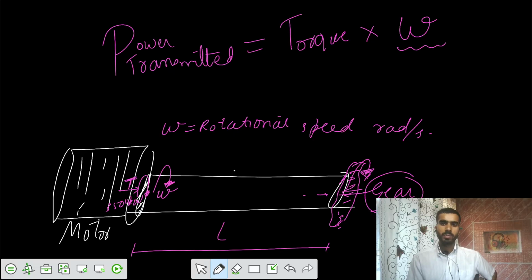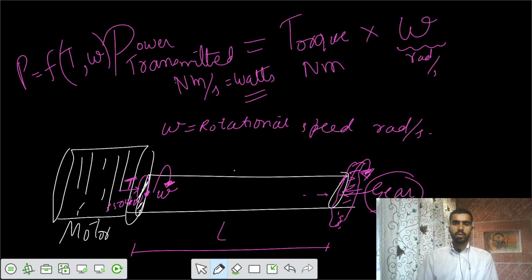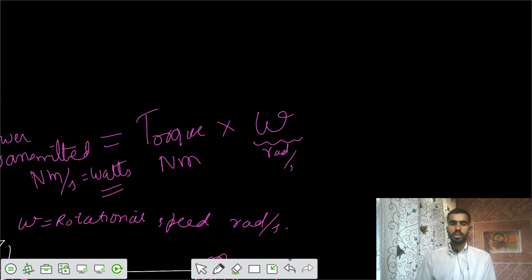Rotational speed times torque is your power transmitted. Torque is in Newton meter, and omega is in radian per second, so finally power is Newton meter per second, that's watts. So P equals T omega, where omega is your rotational speed.